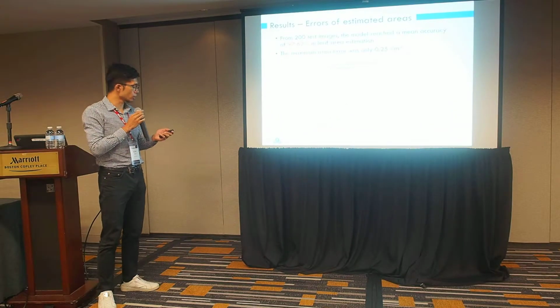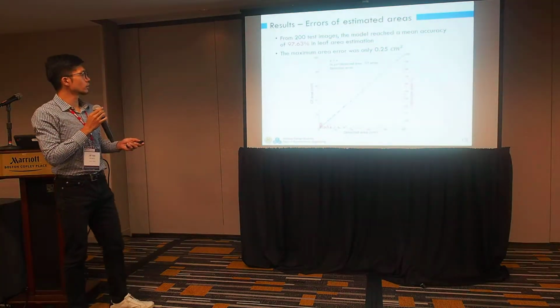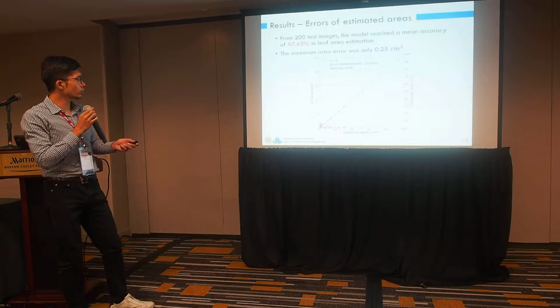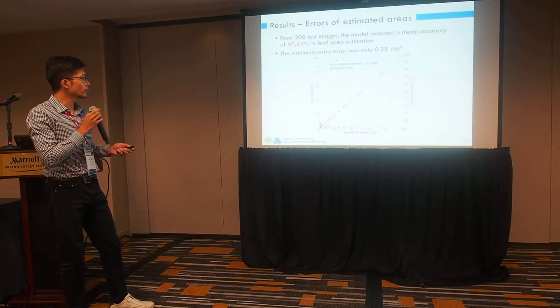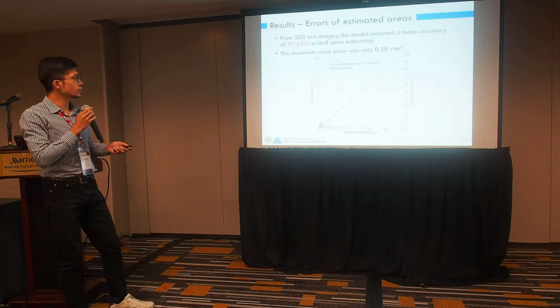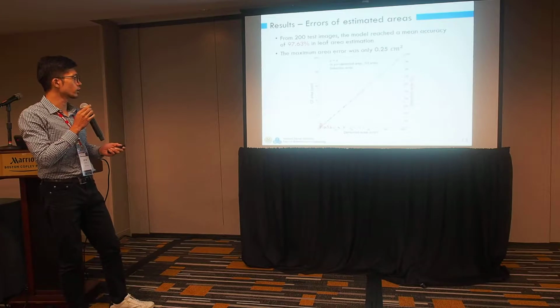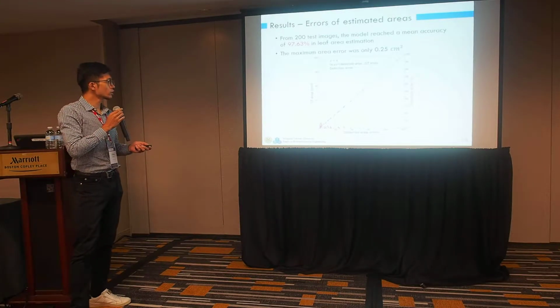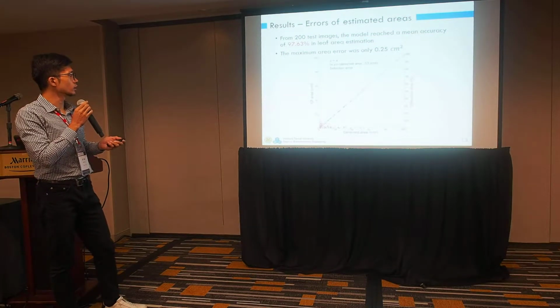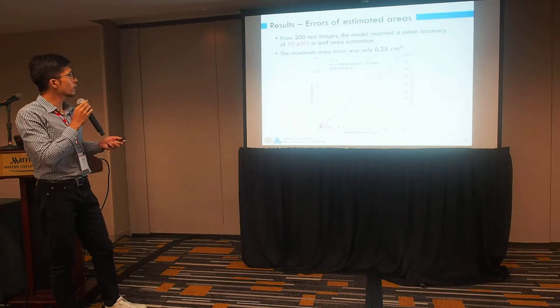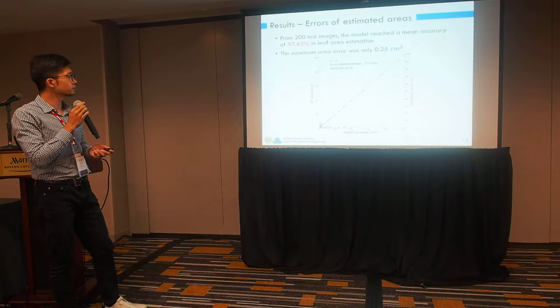So here's the result. The blue point is the comparison of the detected area and the ground truth area, and the red point is the detection error between the detected area and ground truth area. I used 200 test images to estimate the errors of the estimated area.